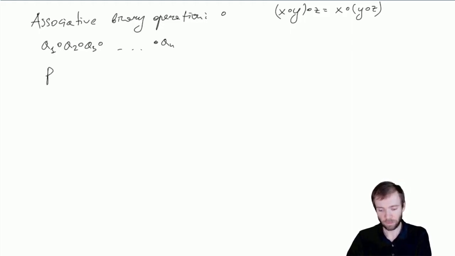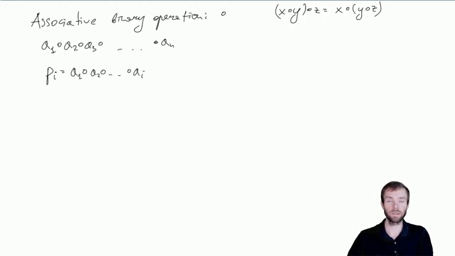So let's denote by Pi the product of the first i A's. So A1 times A2 times Ai. And we'll build a circuit that simultaneously computes all these Pi's from P1 through Pn. The depth of this circuit will be logarithmic in n.